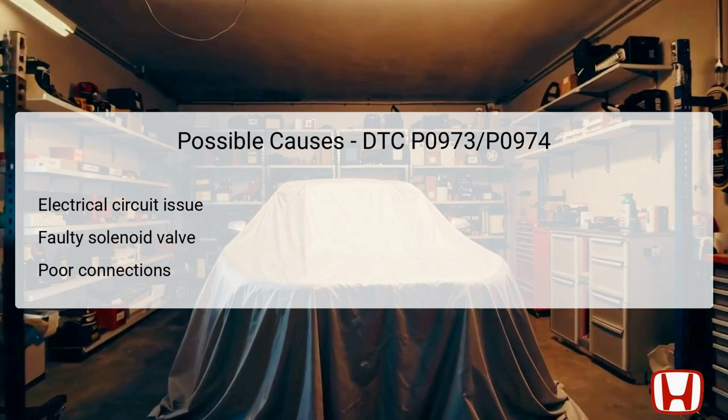The primary cause of DTC P0973 and P0974 is rooted in electrical circuit problems, not mechanical failures within the transmission. A malfunctioning shift solenoid valve itself can lead to low or high input signals, suggesting it may need replacement. Poor connections, such as loose terminals or corroded wires between the sensor unit and the transmission control module, TCM, can also trigger these DTCs.